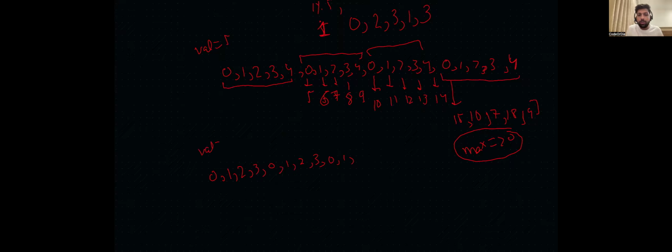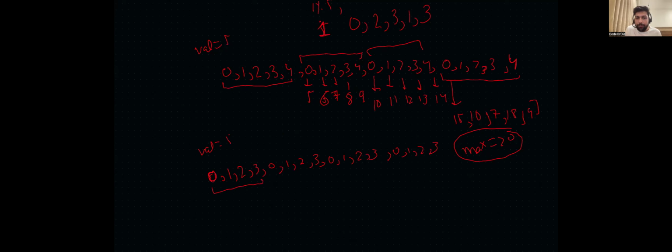I'm making 4 groups. Then by seeing this array, I am not saying that my max is 20 or 16, even though the size is 16.